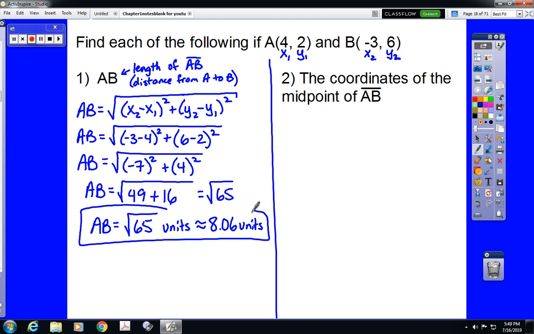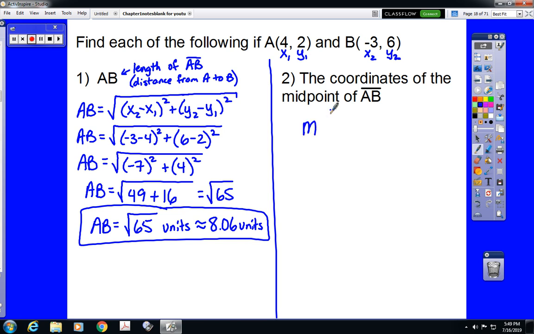I really would prefer the exact answer, but I would accept a decimal approximation as long as it is accurate to the nearest hundredth. And the only way you get that is if you do not round until the problem is over. Second part says find the coordinates of the midpoint of AB.